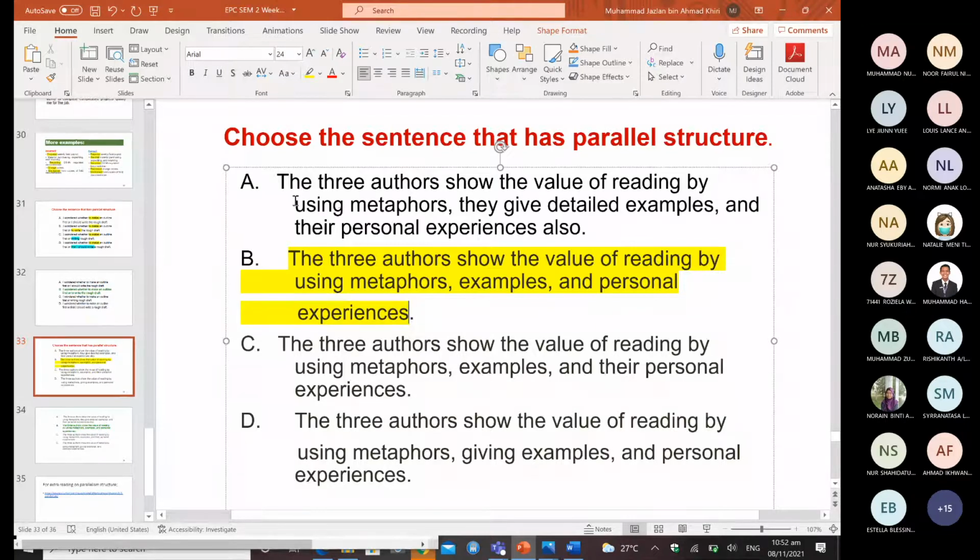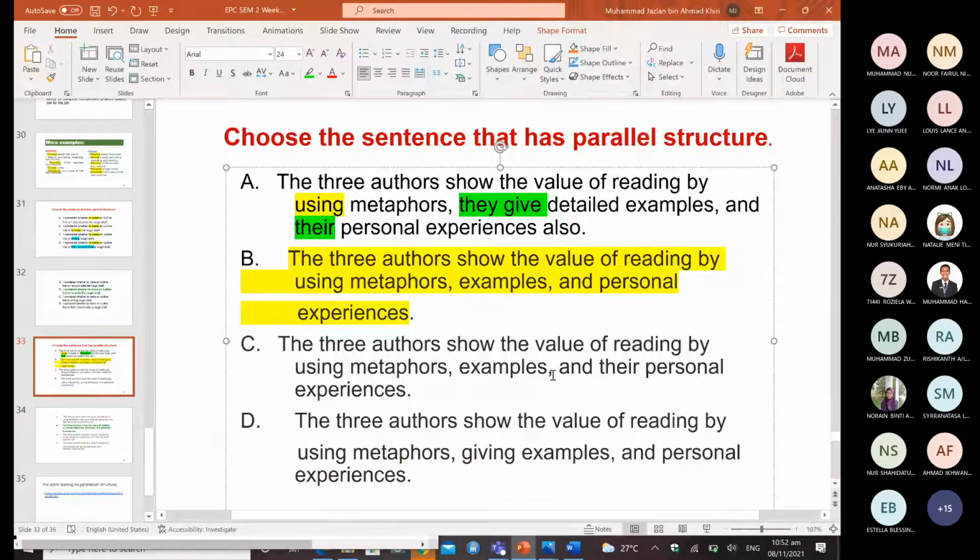A is wrong because you see here, there is the gerund "using metaphors," but then this is another subject of a sentence. "They give." They is a subject, give is the verb. And "their personal experiences." You see here, there is another pronoun. And "using metaphors" doesn't come with a pronoun, okay?